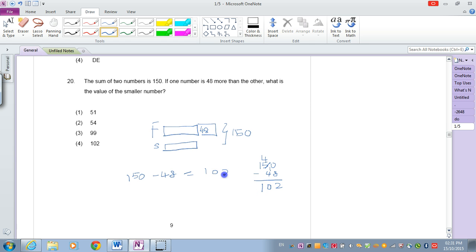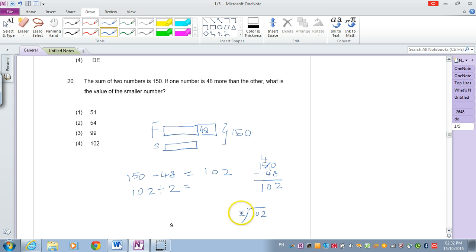Okay, now 102 is made up by these two blocks, but I only want the value of the smaller number, so what I need to do is use 102 to divide by 2, because 102 is the sum of the two blocks here. Okay, so I only want to know what is one block, so I need to do 102 divided by 2.